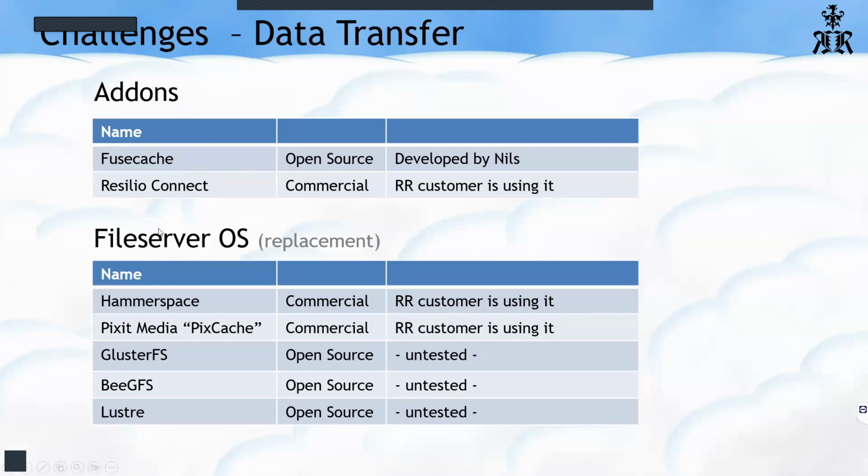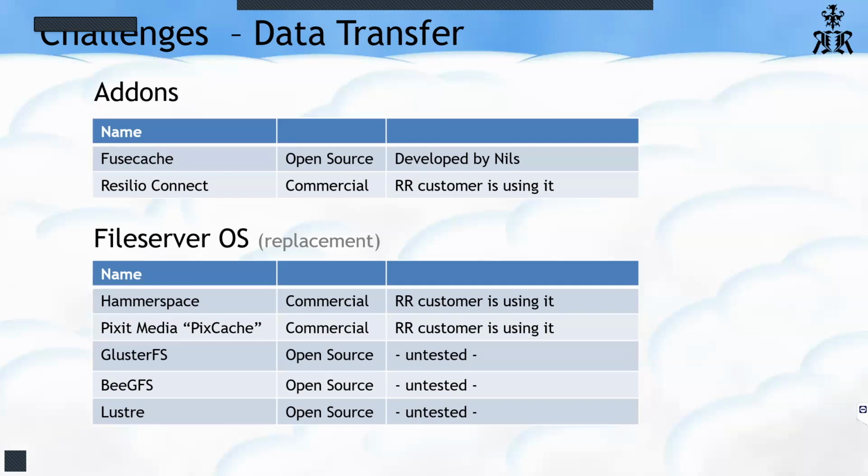The last option is a complete replacement of your file server. There are commercial solutions like Hammerspace or Pixcache, and they install the server for you. You tell them how many file servers you need, and you replace your whole file server with the system, so you can use it in your company as well.